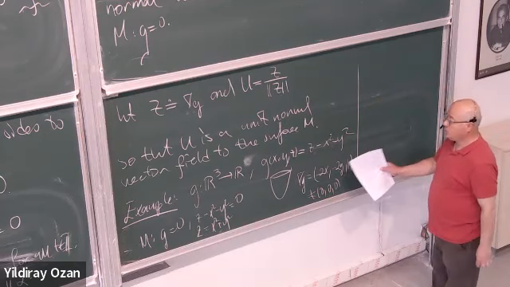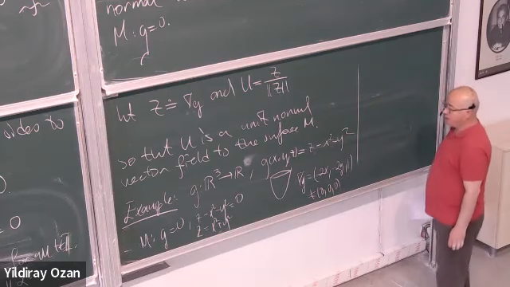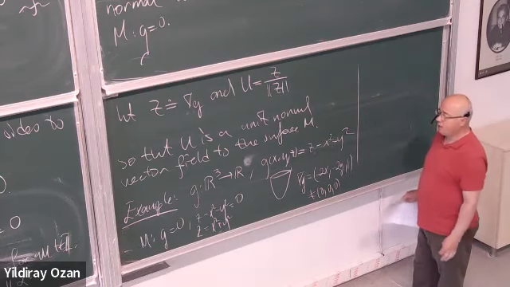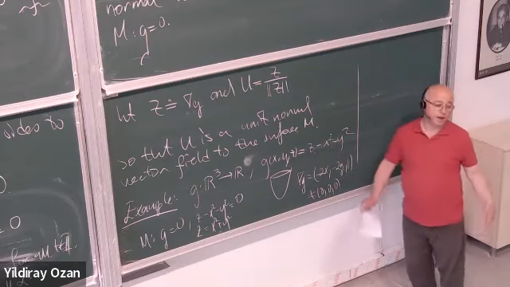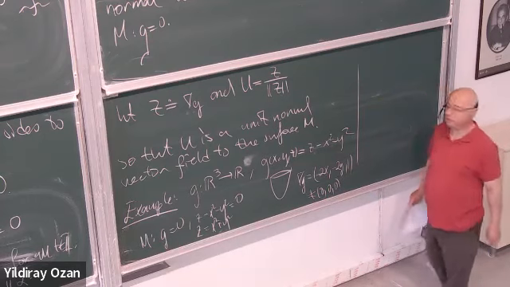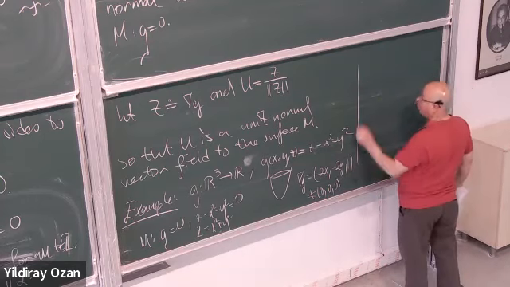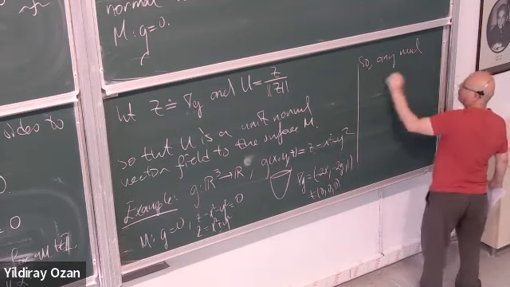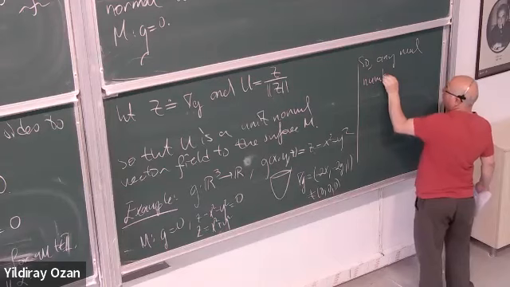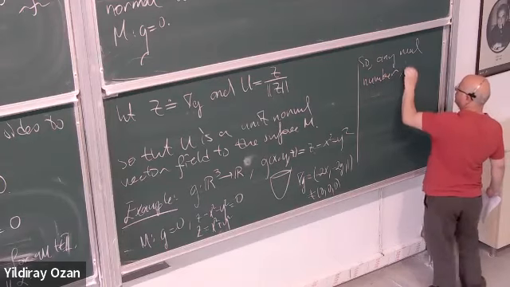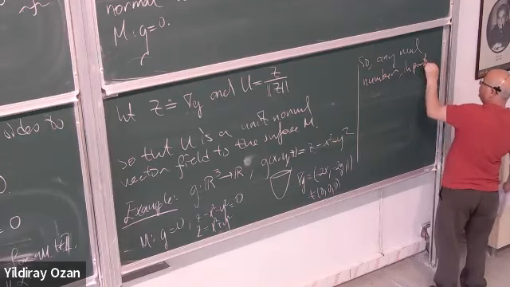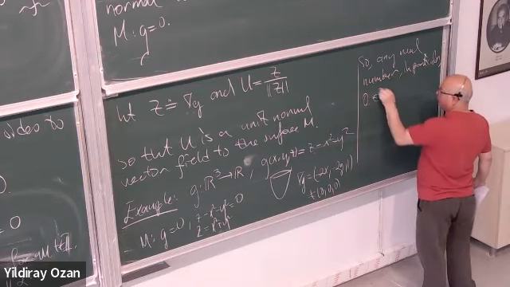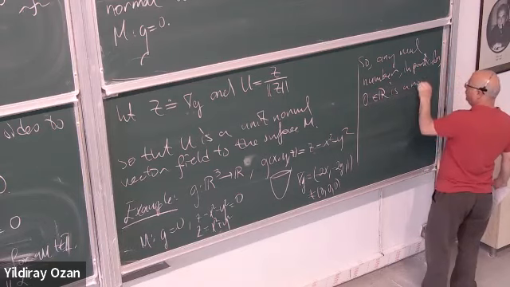Therefore, any real number is a regular value. In particular, 0 is a regular value.